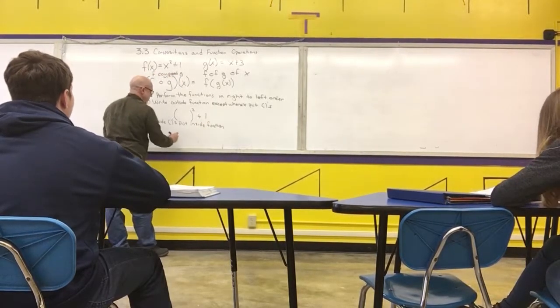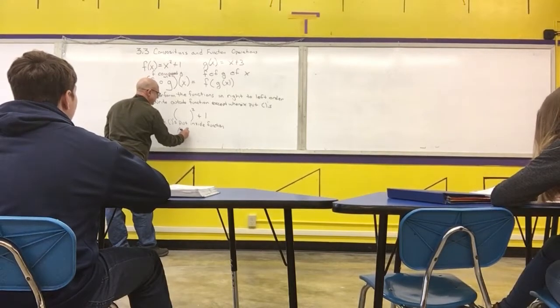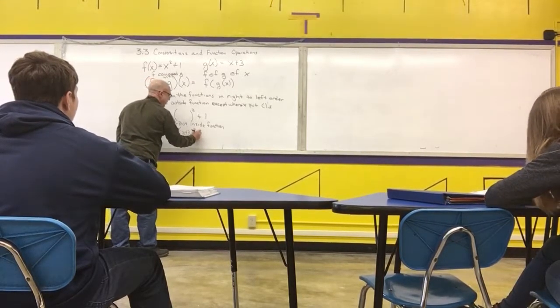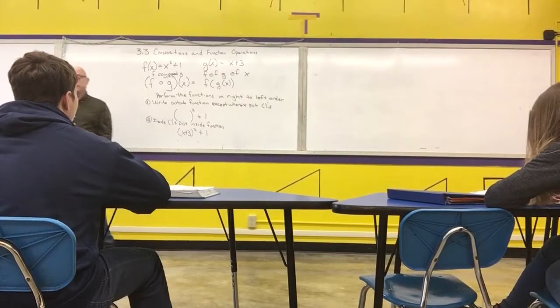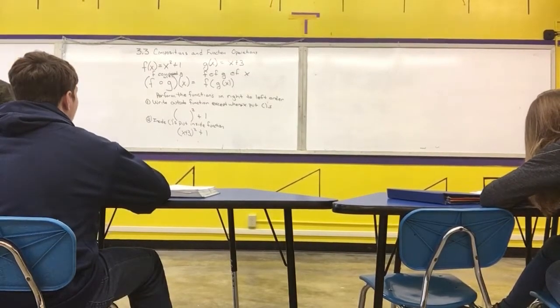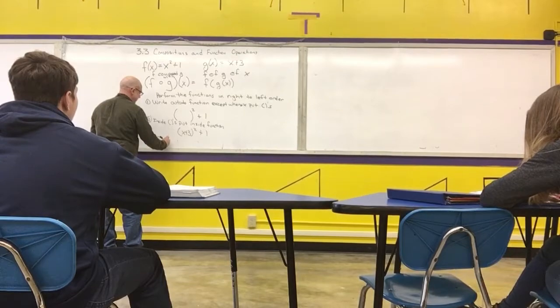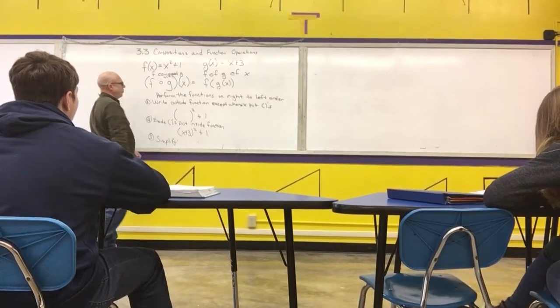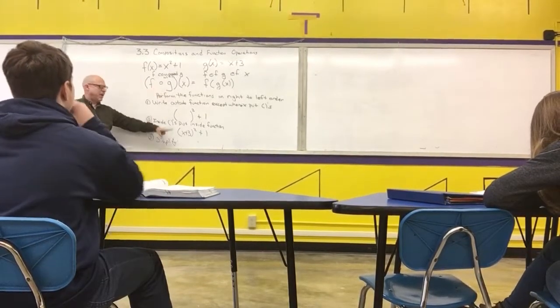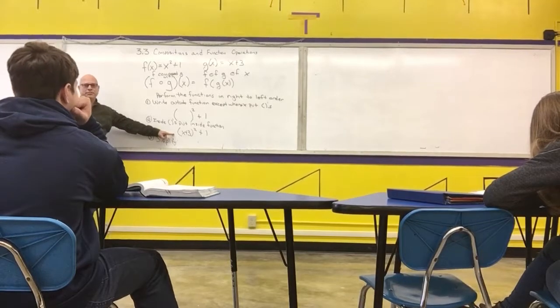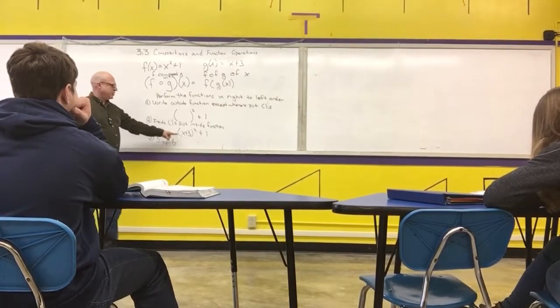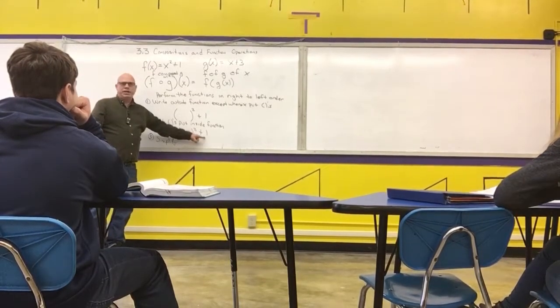So I would end up with x plus 3 squared plus 1. And step 3, simplify. Now, if I were asked to graph this function, I would leave it in this form, because this is just a quadratic that has been shifted 3 to the left and 1 up.